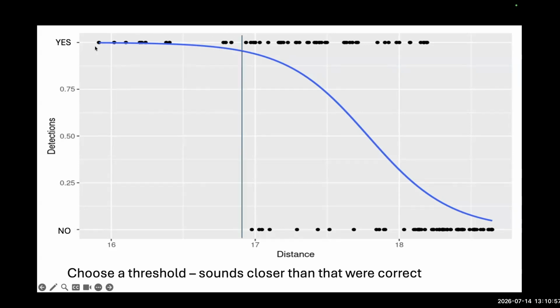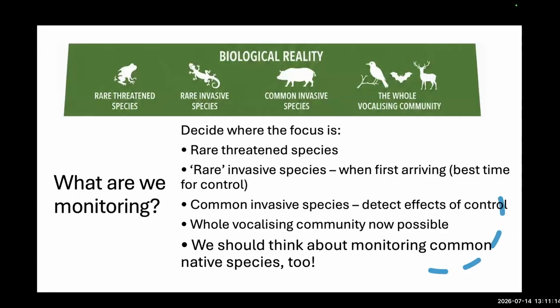And that allows you to create a threshold distance, and you can start thinking that everything less than that distance is your species. So you can build a recognizer very quickly using a logistic regression, GLM, and just do it fast.